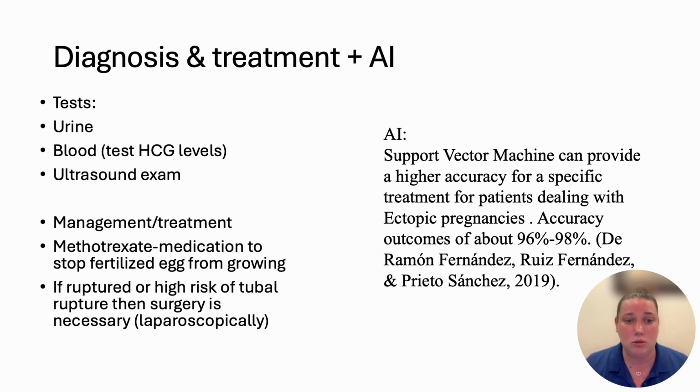Unfortunately, you must go through with medication if you catch it early enough, or if your symptoms are so severe and you have to have surgery, you could have your tubes removed or just the egg. But again, there's no way to save, unfortunately, the fertilized egg.